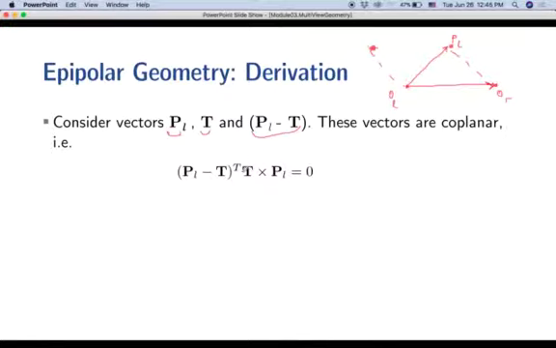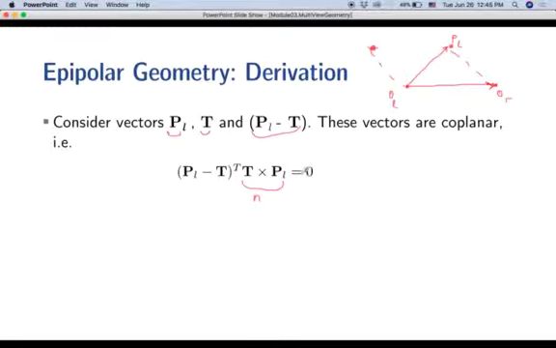And then I take the dot product of that cross product, which is the plane normal, with the third vector. So that must be 0 because it's a dot product of two orthogonal vectors. So therefore, I can write this fundamental relationship between these three vectors: Pl minus T transpose T cross Pl is 0.